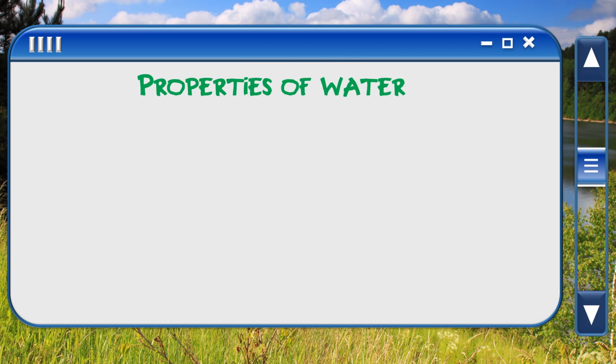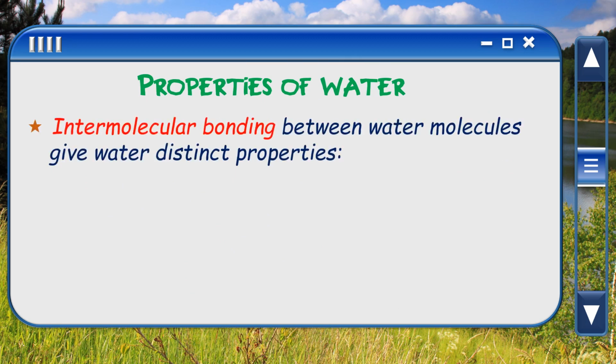Properties of water. Intermolecular bonding between water molecules gives water distinctive properties. So we are saying the intermolecular bonding. Which one is the intermolecular bonding? Those are the hydrogen bonds that exist between the water molecules.